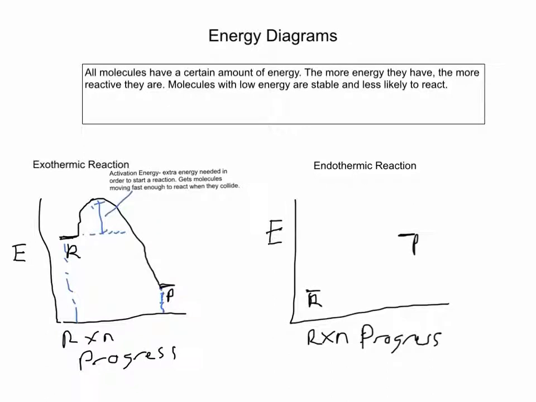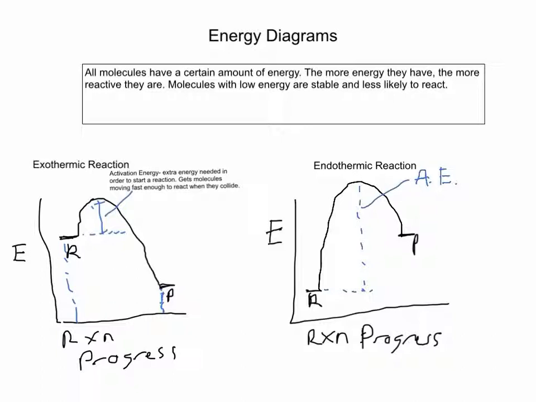So in order to go from reactants to products, more energy has to be added. So the reaction graph, the energy diagram, will look like this, where this time, this is the activation energy. I'm going to label that AE for short.